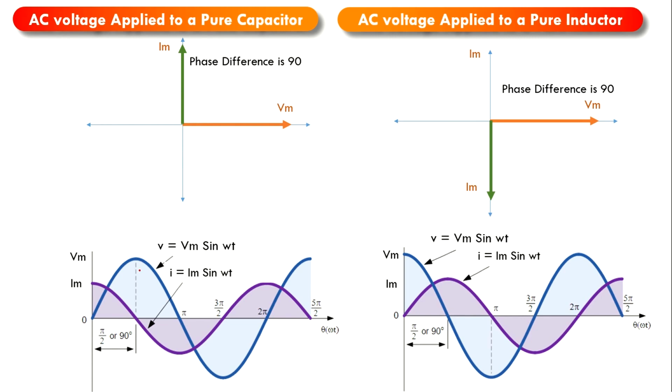By looking at the waveform, you can see here at the origin, this is a voltage graph, the blue line indicating the voltage wave, the purple line indicating the current wave. If we look at this origin, the voltage wave is starting its values increasing from this point. But the current is already started here.